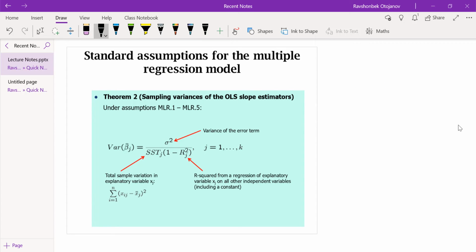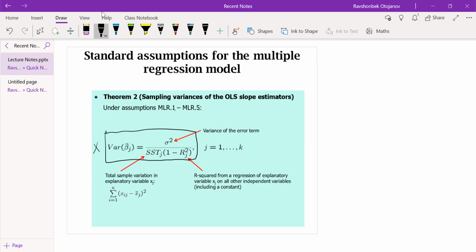We are now in a position to state the OLS variance estimator. This is the formula with which we estimate the variance of the OLS estimator. Now we assume that multiple linear regression assumptions 1 through 5 hold. If any of these assumptions is violated, we will not be able to use this formula to estimate the variance of the OLS estimator.